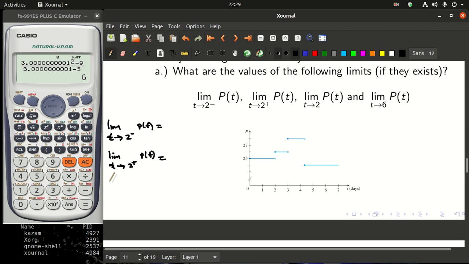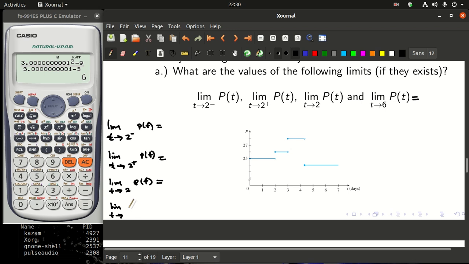What is the value of it? And the limit as t approaches just 2 of p of t. What is the value? And then we're going to look at this one here.